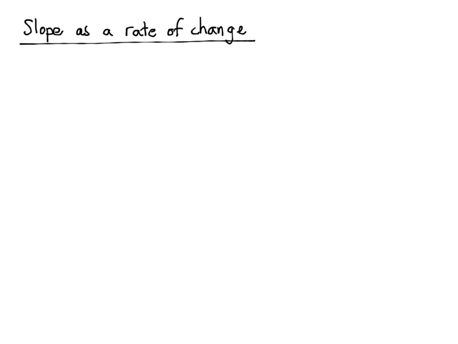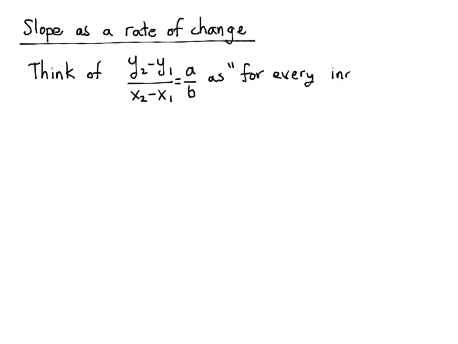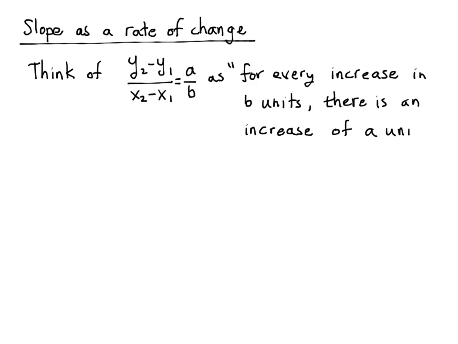Now the other thing that I want you to do is think of the slope as a rate of change. Okay, so if we take our definition of the slope, y2 minus y1 over x2 minus x1, is a over b, think of this as for every increase in b units, there's an increase of a units.